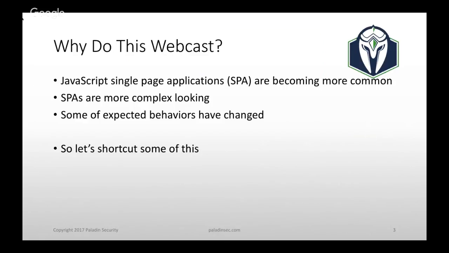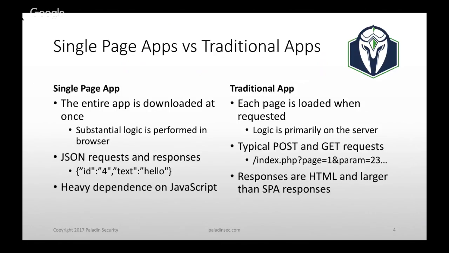So, what are some differences between single page web apps and traditional apps? With a single page app, primarily one of the things you'll see is the entire app gets downloaded at one time. A lot of the logic has been moved into the client, and we're used to that occurring on the server side, and that catches us off guard.